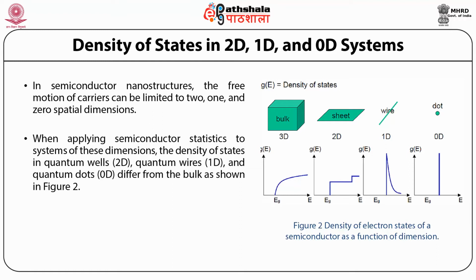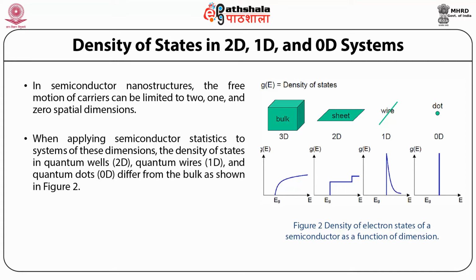So the density of states defines the number of states available in a system and is important for deciding the carrier concentration as well as the energy distribution of the charge carriers in a semiconductor.